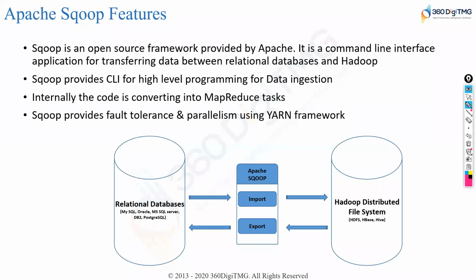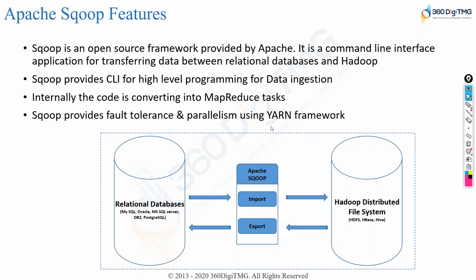All of them will convert whatever high-level code you are writing into map jobs and reduce jobs. By default, the products will convert thanks to Yarn. Yarn is Yet Another Resource Negotiator. This is one of the components of the latest versions of Hadoop, that is Hadoop 2.x, which allows any third-party application or project on the Hadoop ecosystem to connect with the MapReduce framework and get things done. It is also achieving fault tolerance, parallelism, and all these features while you are importing and exporting the data.